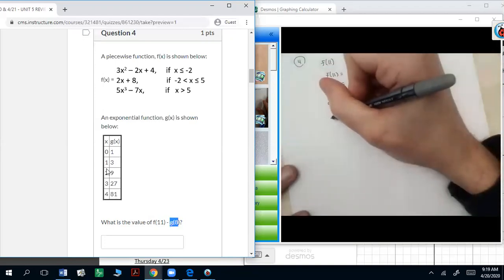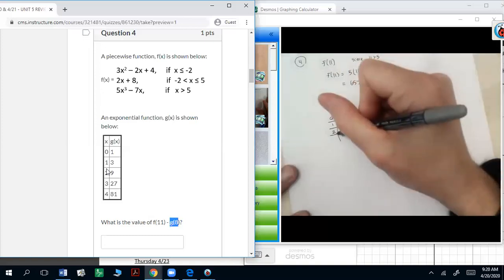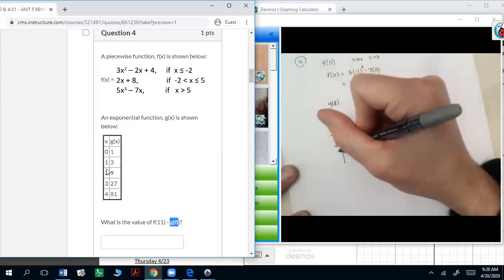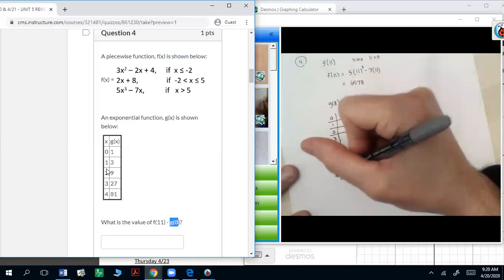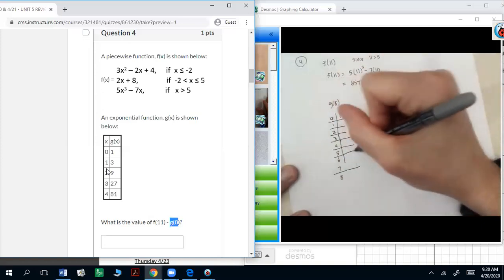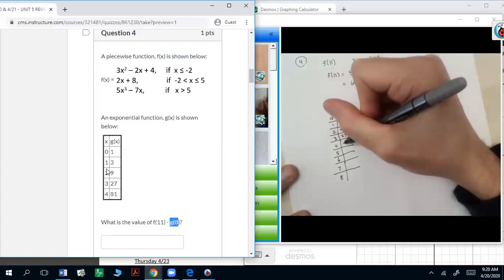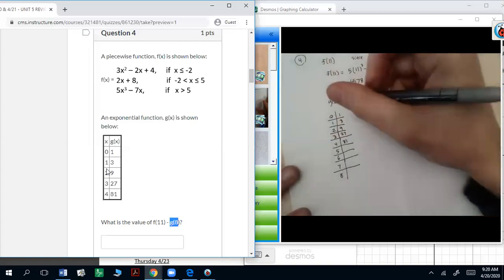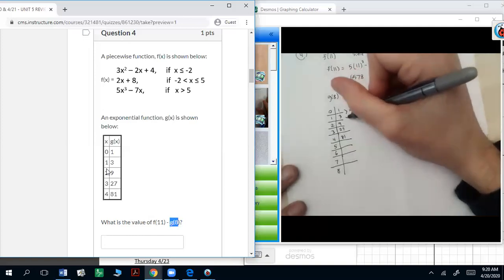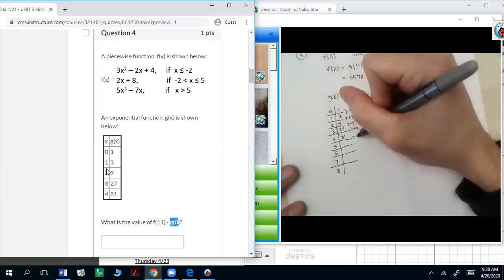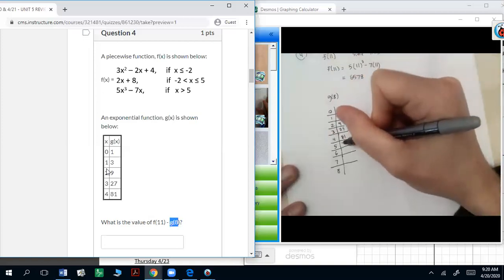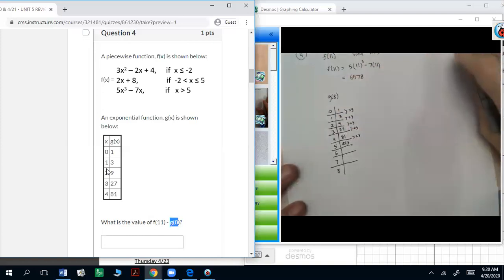So g of 0 is 1. I'm going to move this all the way up to 8. So again, the common multiple is times 3. So we just want to keep multiplying our previous number by 3. And 81 times 3 is going to be 243. Beyond that, I'm probably going to use a calculator as well.